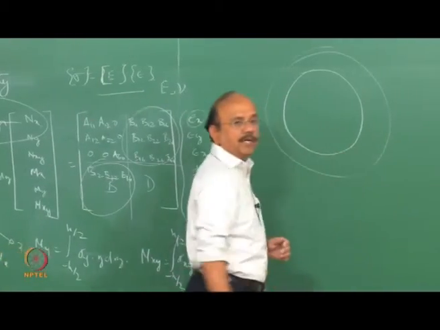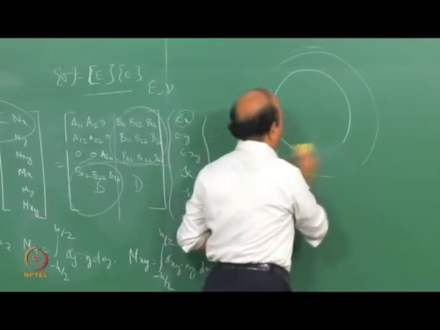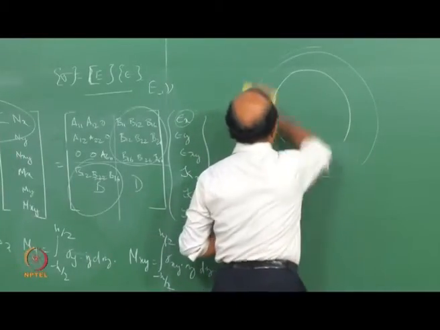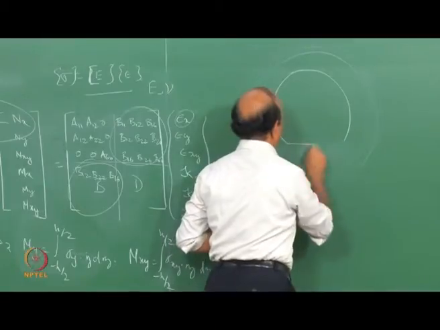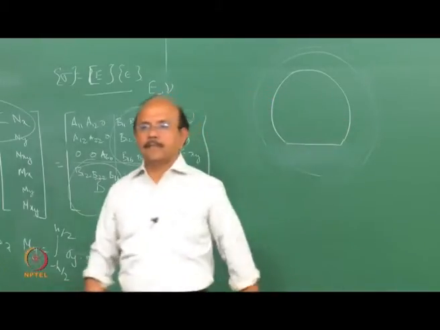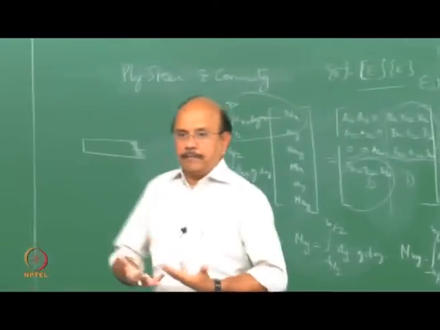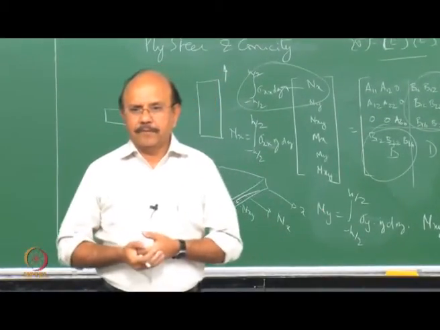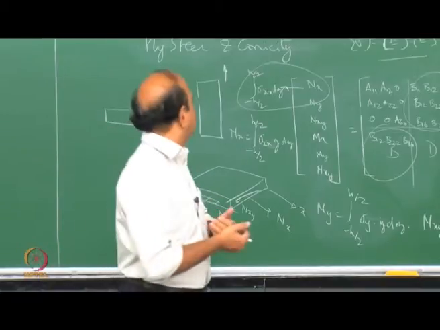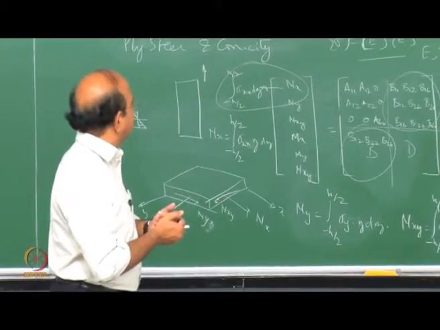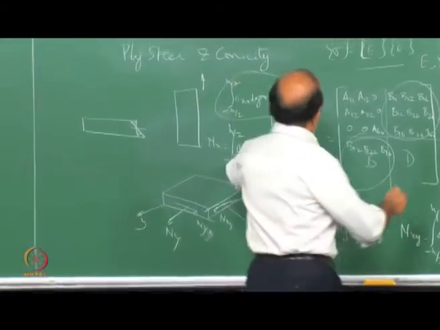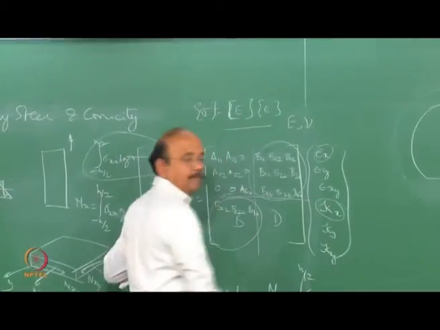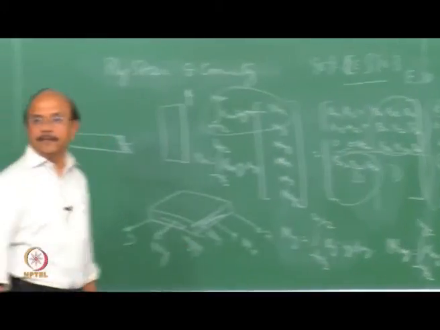I am changing the curvature. I am making this flat. In other words, I'm giving a moment to make it flat. When I give a moment to make it flat, what am I attacking?